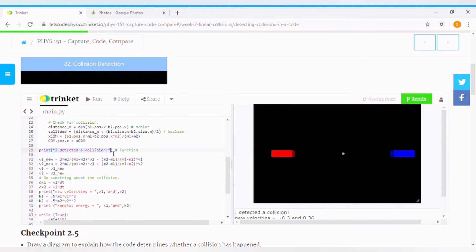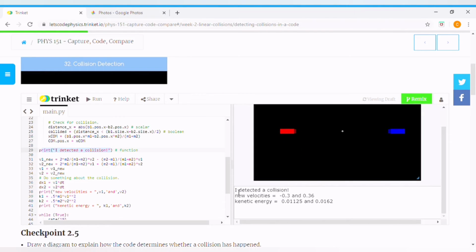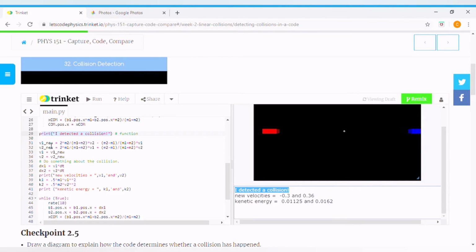After the collision, we want it to print that it has detected a collision. And after the collision, there's new velocities, and that's what this next line of code is showing here. Remember when I said after an elastic collision, they essentially swap velocities, and they go in the opposite direction. So that's what this is showing.